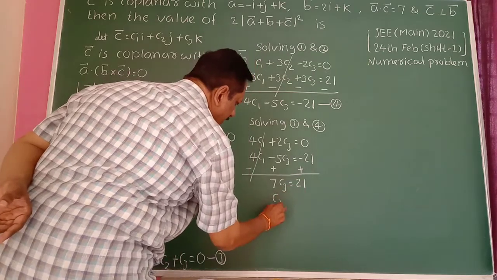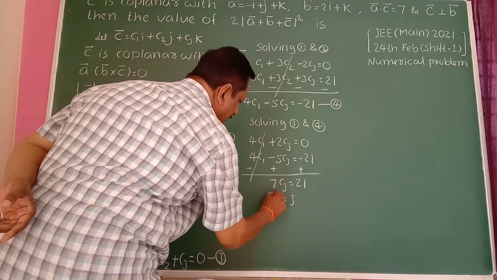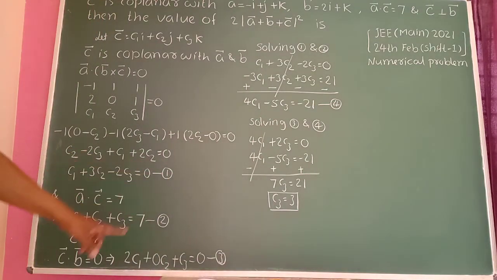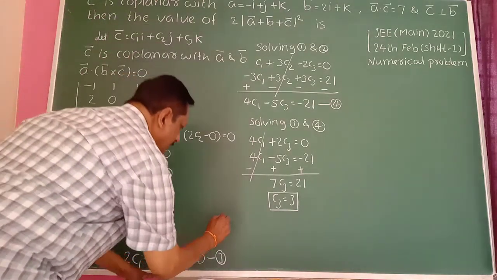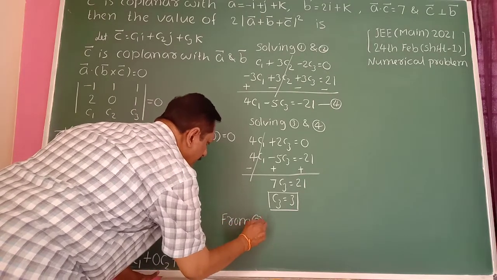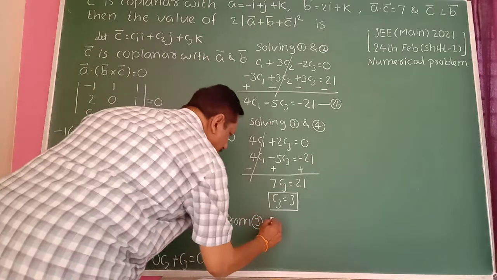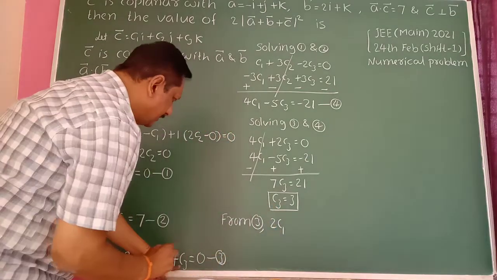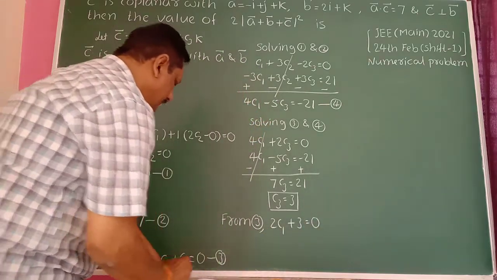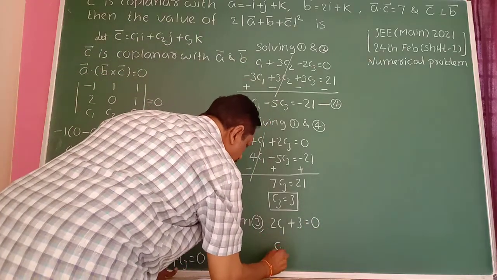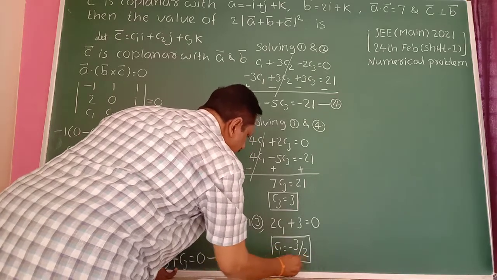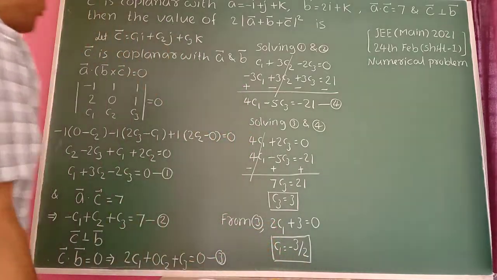Then C3 is equal to 3. Use C3 in equation 3: 2C1 plus 3 is equal to 0. Therefore C1 is equal to minus 3 upon 2.